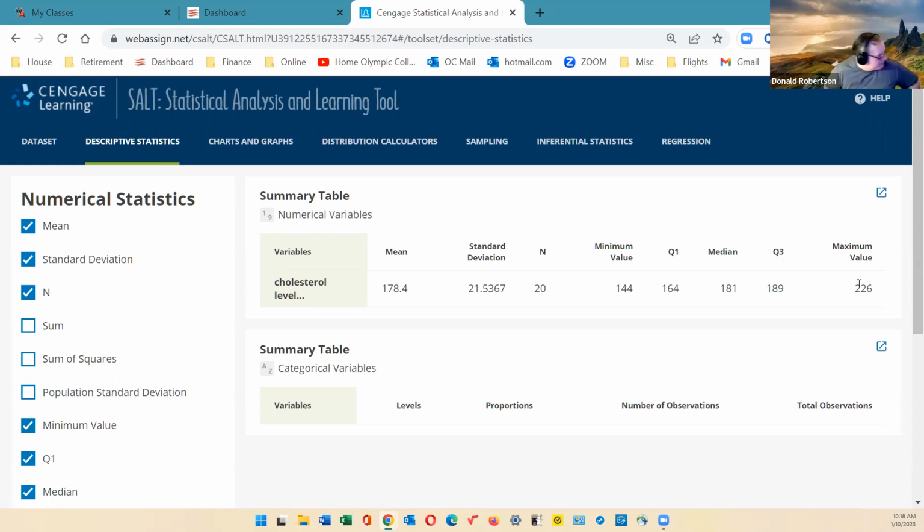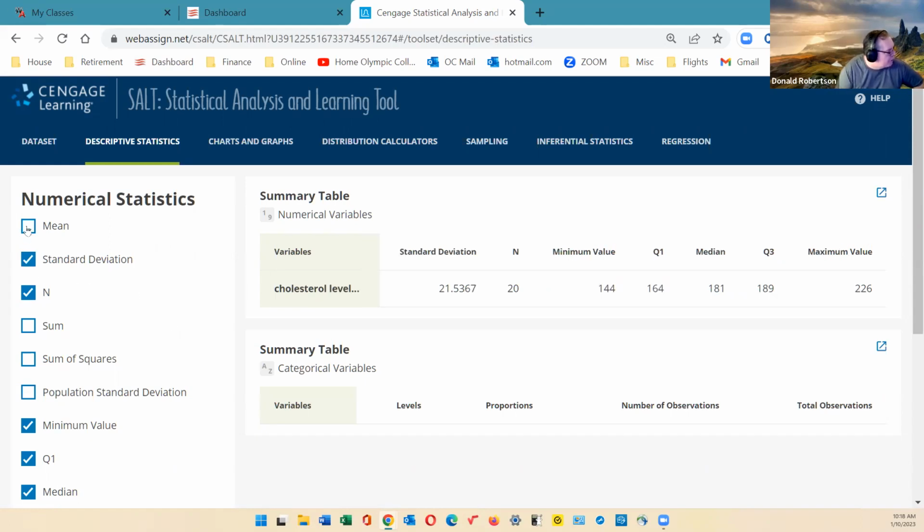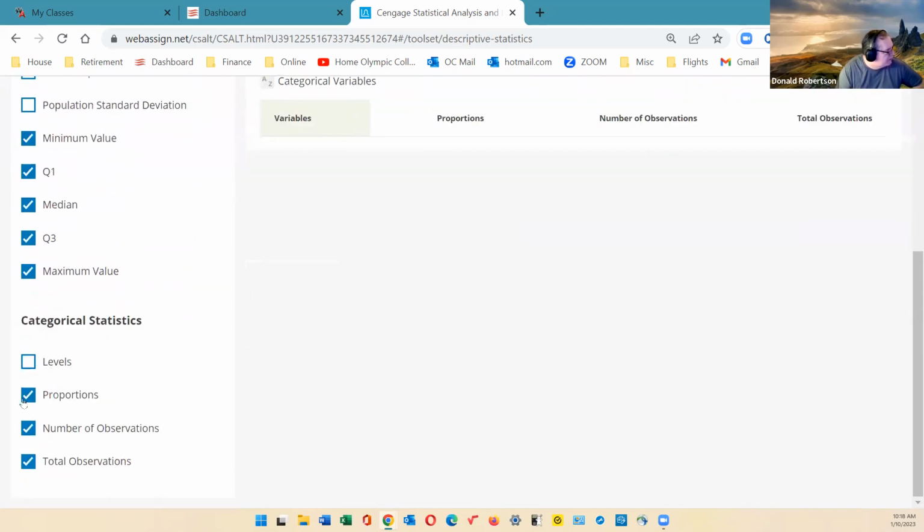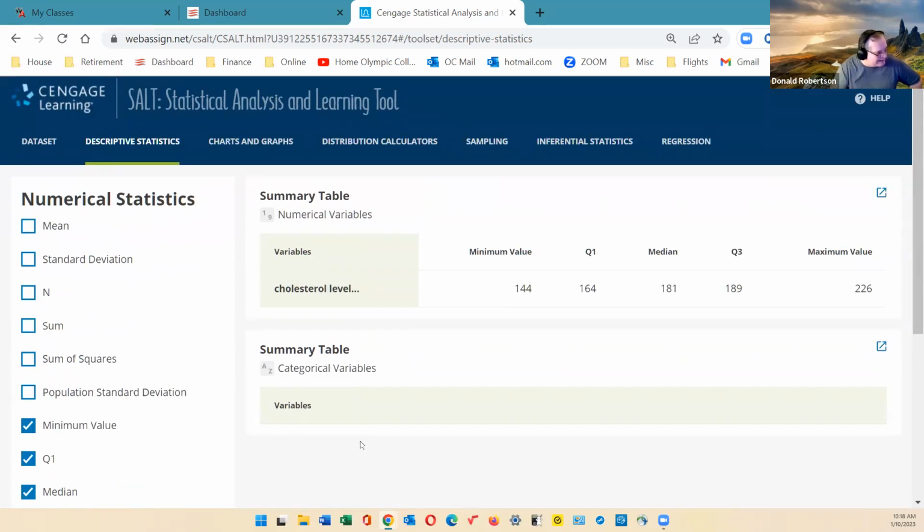Everybody's happy, right? Now, if you want to fiddle about with it, if you uncheck things, can you see you can just make it only show what you wanted? I mean, to me, it doesn't seem worth it, but for some of you, yeah, there are too many numbers, I end up writing the wrong one down.